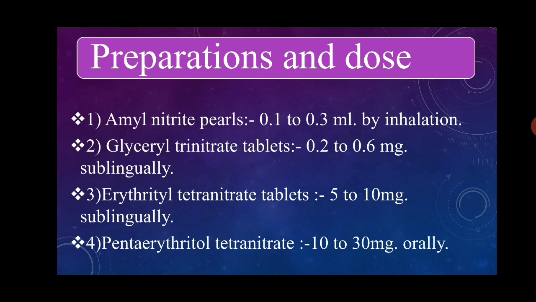It is the drug of choice in angina pectoris. The effect is very short lived as it quickly decomposes and is excreted as alkaline nitrite and nitrate. The dose is only 0.1 to 0.3 ml by inhalation.